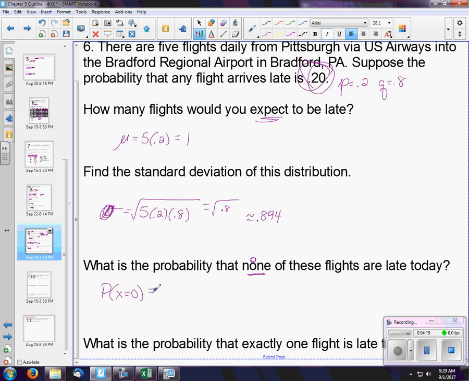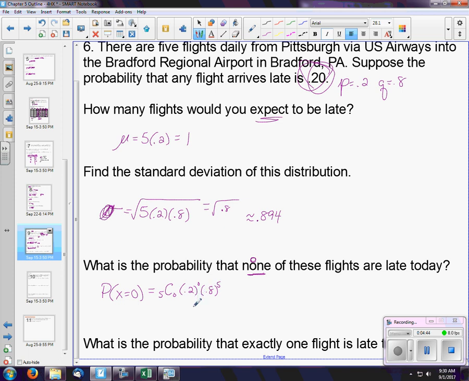So we learned on the previous slide with formulas on it that that would be 5 choose 0, since it's 5 flights, so n choose x. P is 0.2 to the x, which is 0. Q is 0.8 to the n minus x. 5 minus 0 is 5.